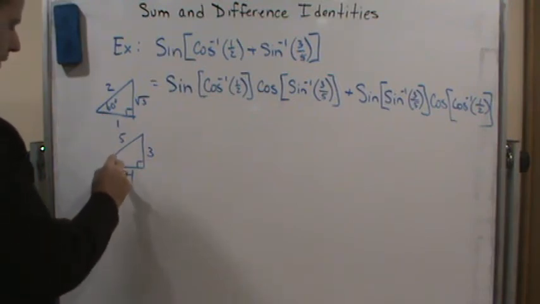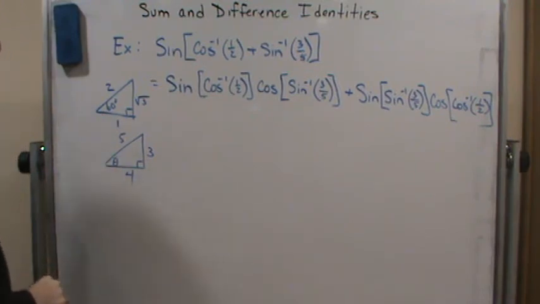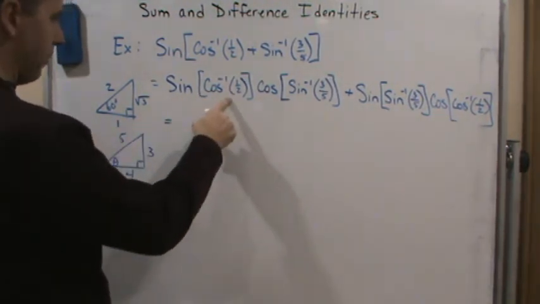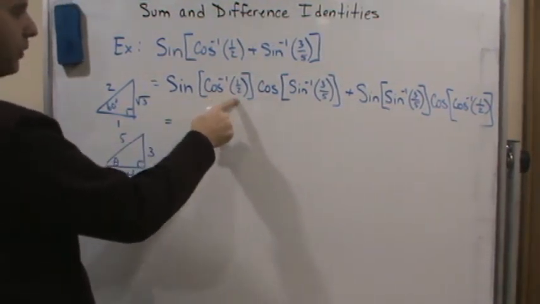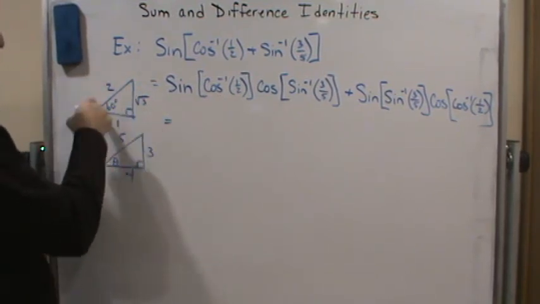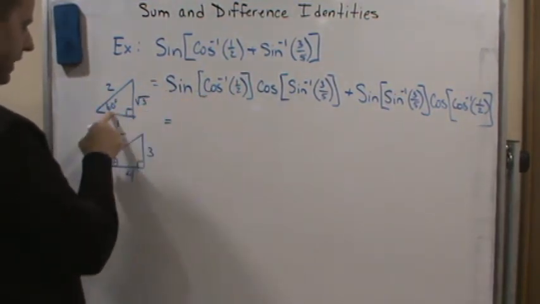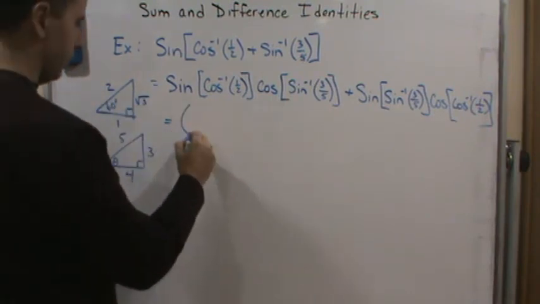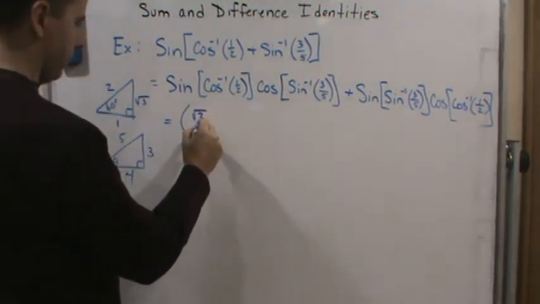And so here's the angle. So what is sine of this angle? We've got our triangle. We found this triangle using inverse cosine. Sine is going to be square root of 3 over 2.